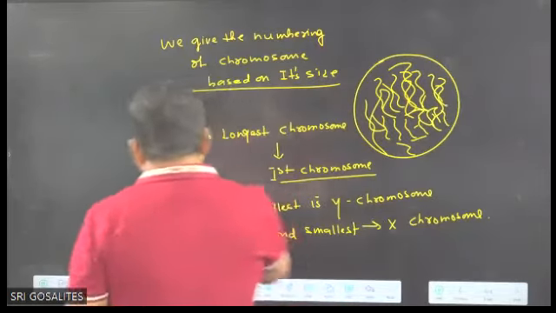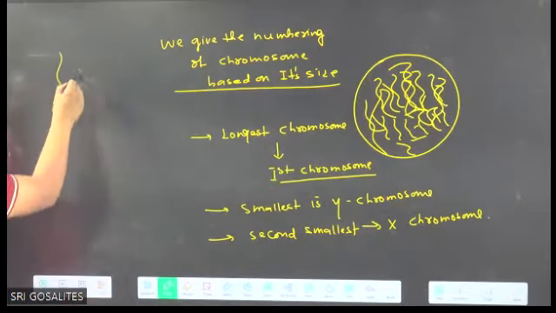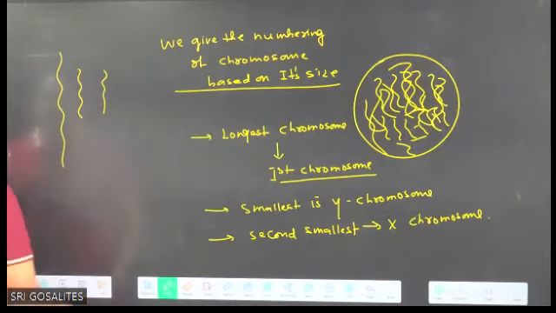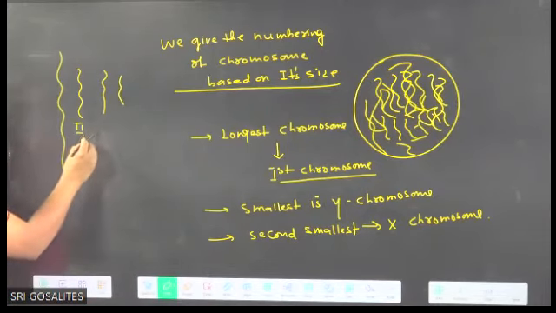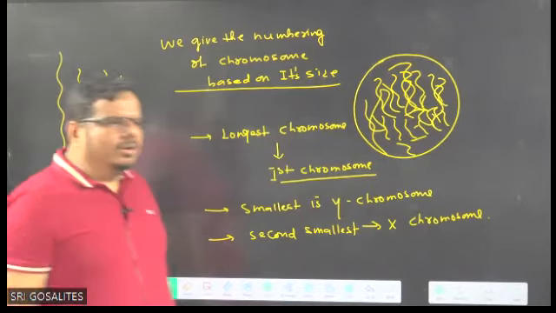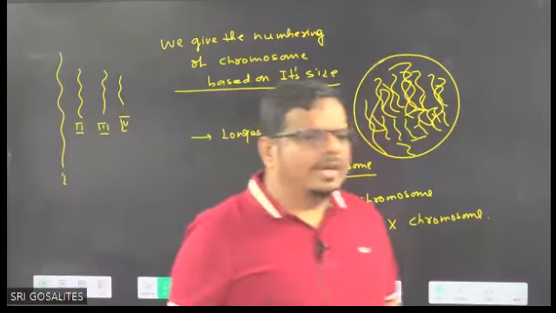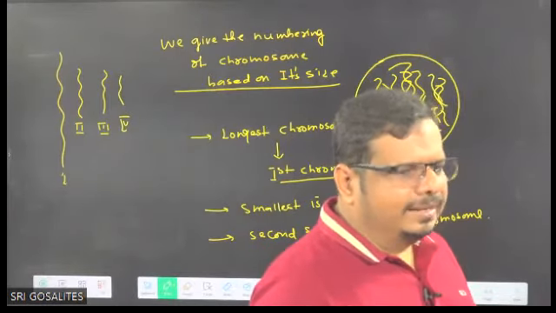Whichever chromosome has more length, suppose here is 1 chromosome, 2, 3, 4. This is the longest, I will say it first, second, third, fourth, and so on. So based on size, we are giving the name of the chromosome.